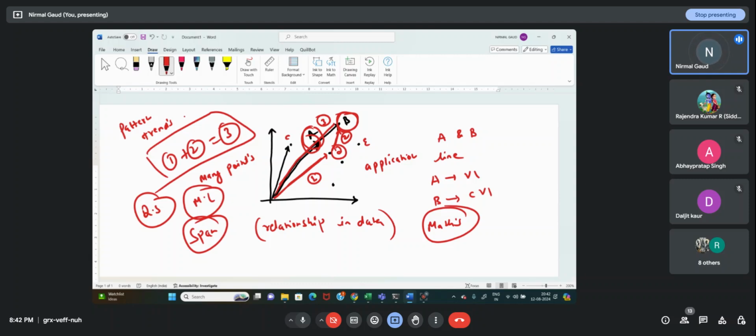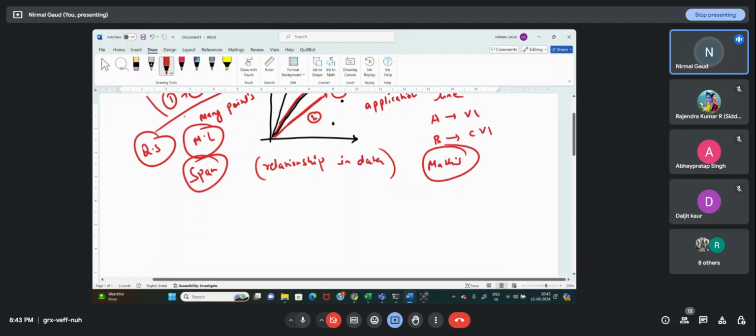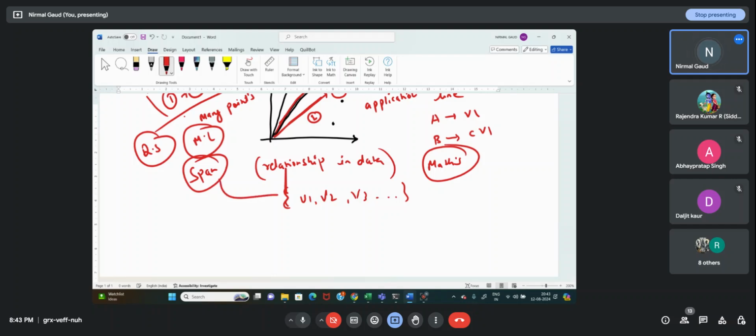So I want to reach data points, and with this phenomenon, how many data points I can reach with the help of vectors. That's what the span is. And the way it is created is a set, like v1, v2, v3. So anyhow, with scalar multiplication or with addition, if you can reach the data points, that is the span.